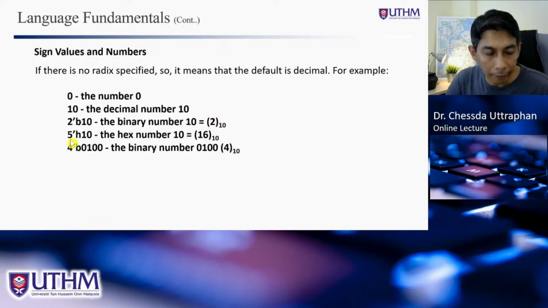If we write 5'h10, this is not binary but hexadecimal. 10 hexadecimal means 0001 0000, but 5 bits.